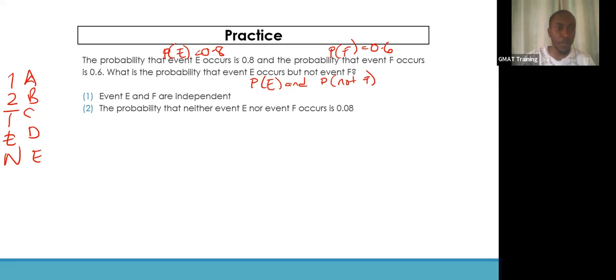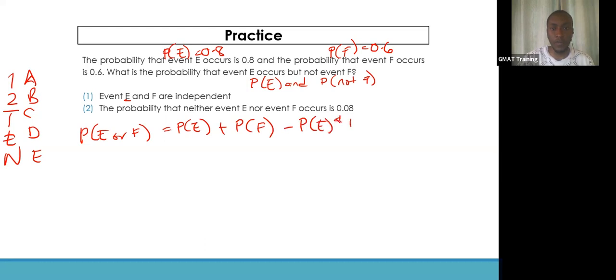From statement 1, we have that events E and F are independent. That means to find the probability of E or F, you have the probability of E plus the probability of F minus the probability of E times the probability of F, since they are independent.